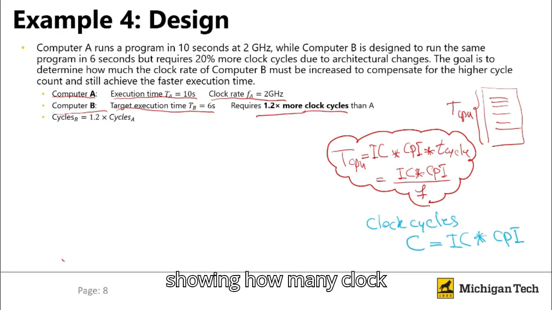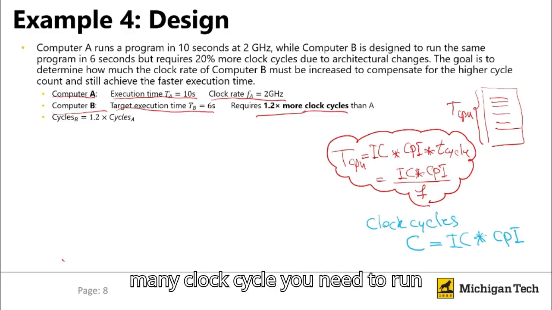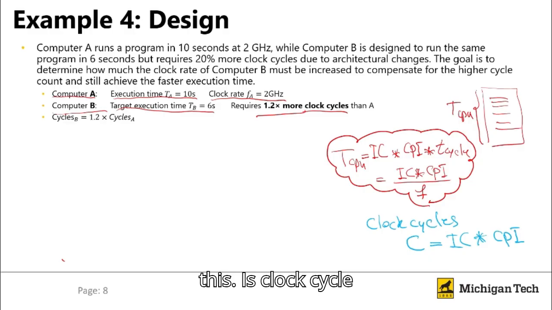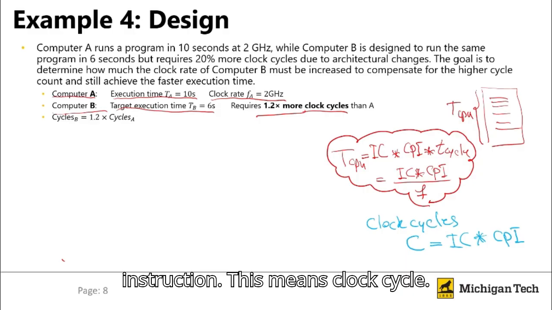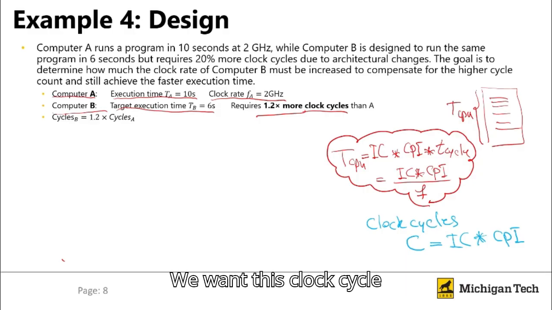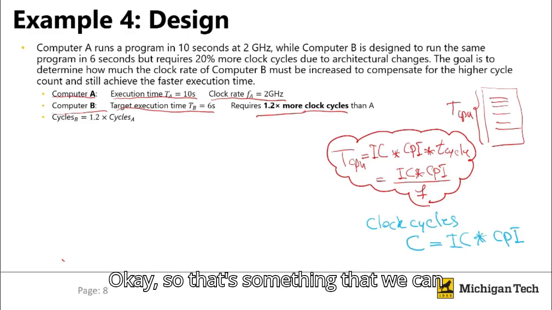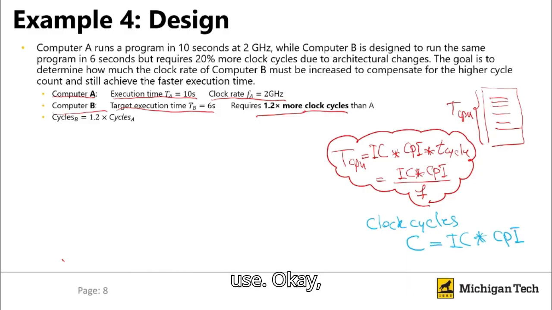This shows how many clock cycles you need to run the program. We want this clock cycle count to be 1.2 times that of computer A. So that's something we can use.